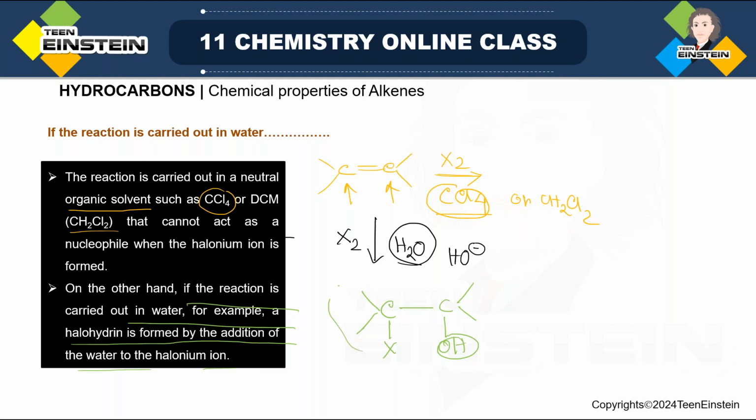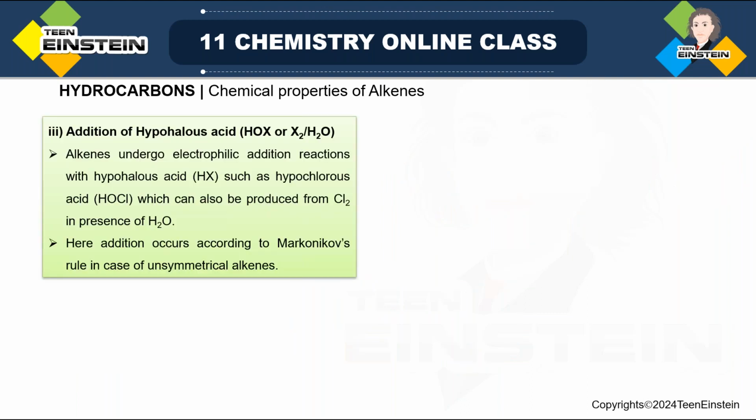This OH part is coming from water, but that is obviously the undesired product. Now, though we are calling it an undesired product, suppose your intention is actually to make halohydrin. Suppose you do not want to make the dihalide; you want to make halohydrin. Then you can use water as the solvent. That is our purpose. That makes another type of reaction which we are now going to discuss, and this is number 3: addition of hypohalous acid.